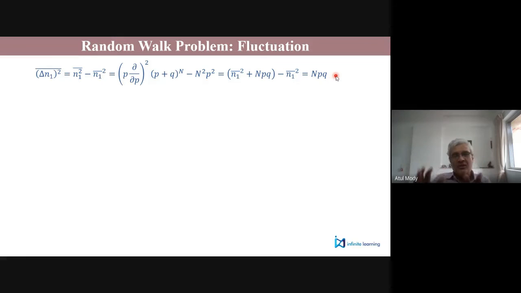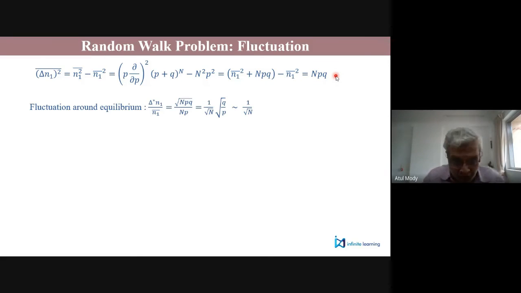Here N is the number of steps, P is the probability of forward movement, and Q is the probability of backward movement. So your fluctuation around equilibrium is the square root of this delta n1 square. तो इसीलिए उसको हमने यहाँ पे स्टार लगाया है.